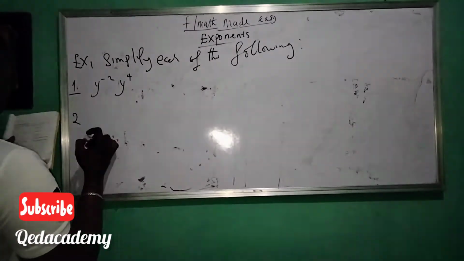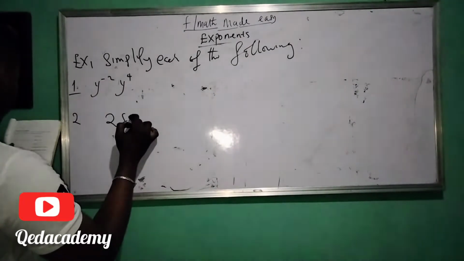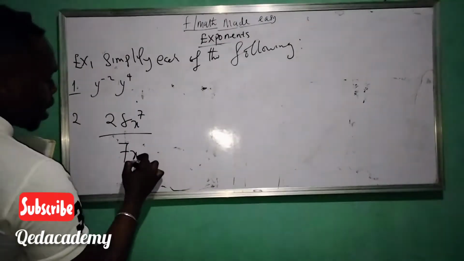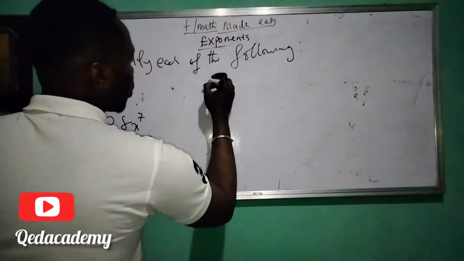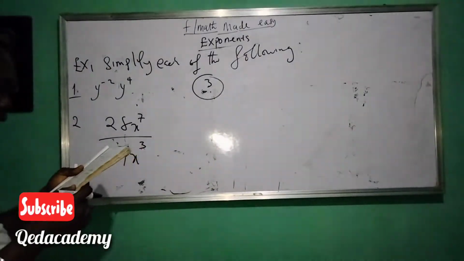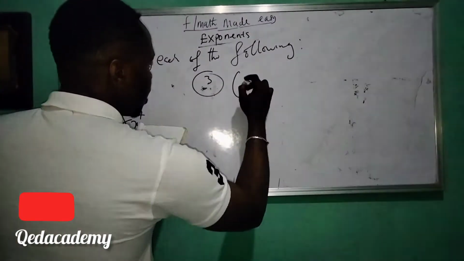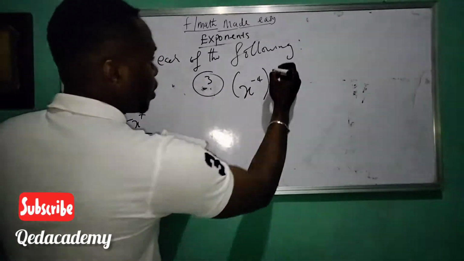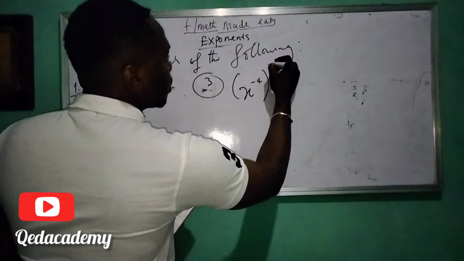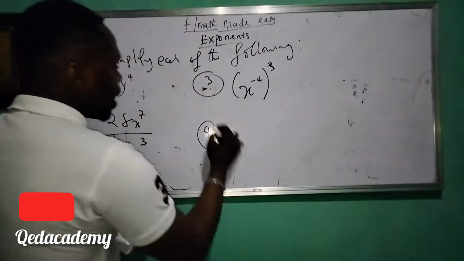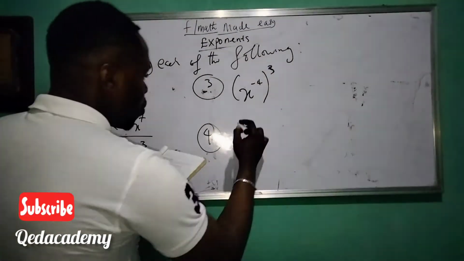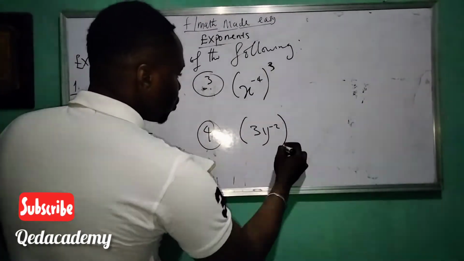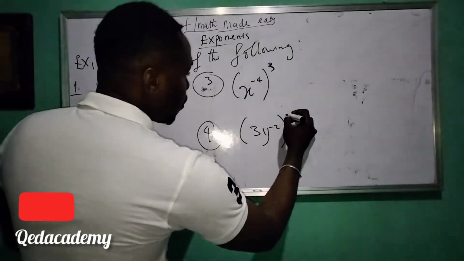So the second example you'll be looking at here will be 28 x raised to the power 7 over 7 x raised to the power 3, right? The third example will be x raised to the power minus 4, all in brackets, raised to the power 3. The fourth example will be 3y raised to the power minus 2, all raised to the power of 5.